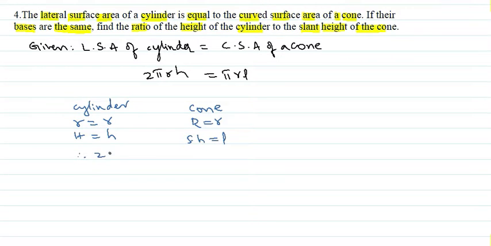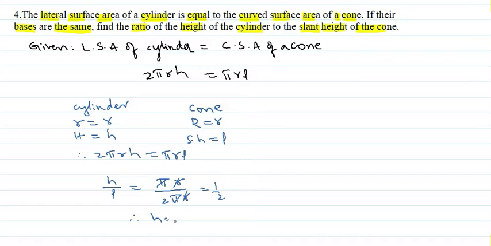So now substitute these values, and the given radius r is the same for both diagrams. So therefore 2 pi r h is equal to pi r l. Now we are going to find the ratio of the height to the slant height, which is equal to pi r by 2 pi r. Now we can cancel r and pi, so we are getting 1 by 2. Therefore h to l ratio is equal to 1:2.